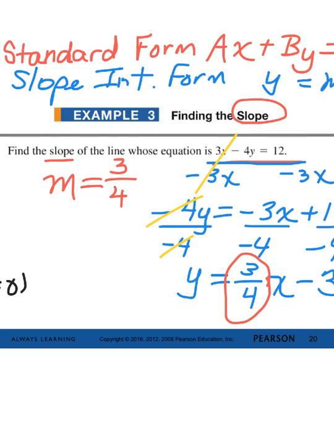So beginning with 3x minus 4y equals 12, and y is equal to 0 means I wind up with 3x minus 4 times 0 is 0, is equal to 12.